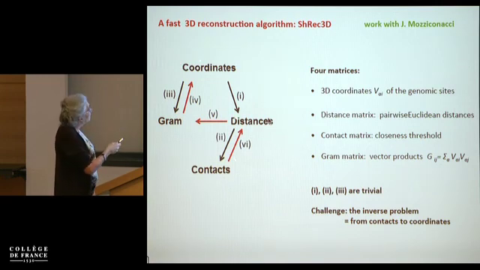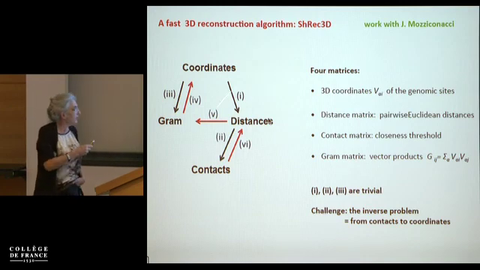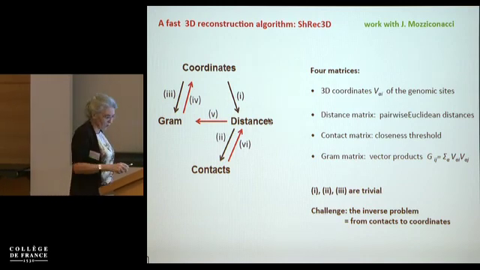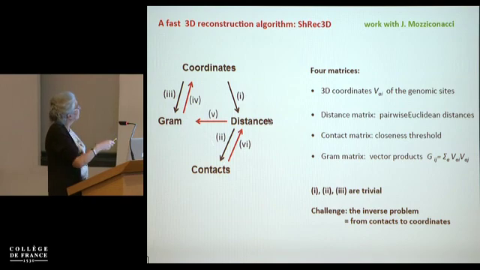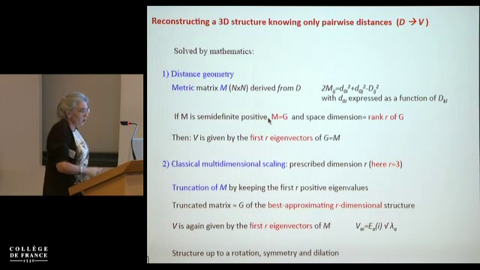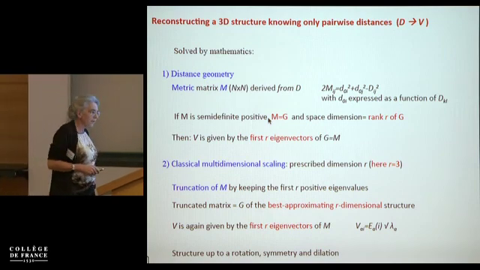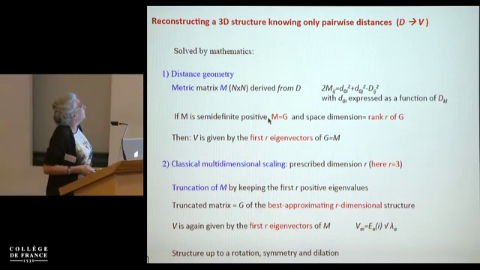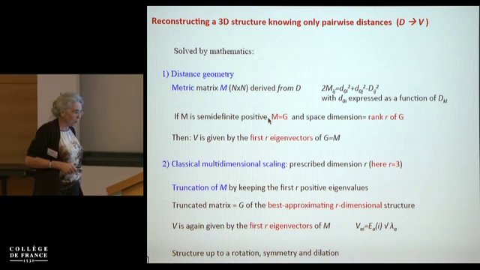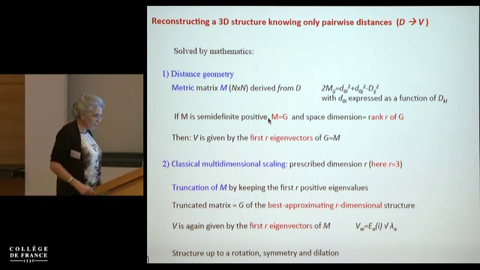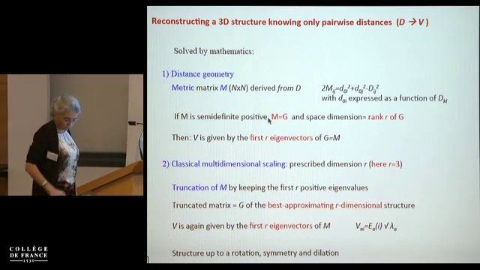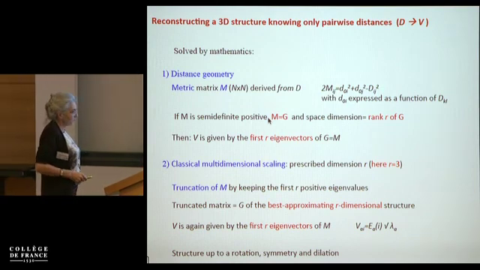And we propose the red path, passing from contacts to distances and then from distances to coordinates. I will briefly detail this red path. The first step, from distances to coordinates, has been solved in mathematics quite a long time ago, with only a few details to adapt to the present situation.